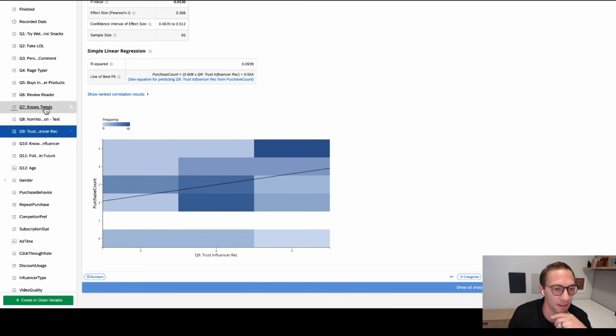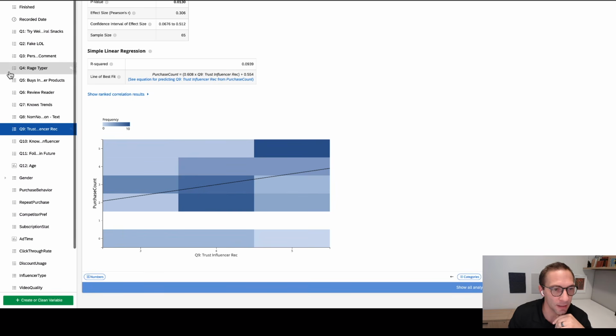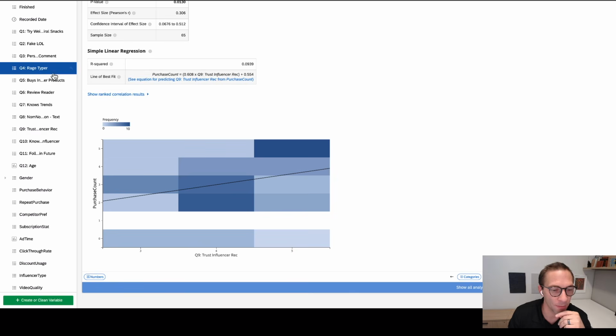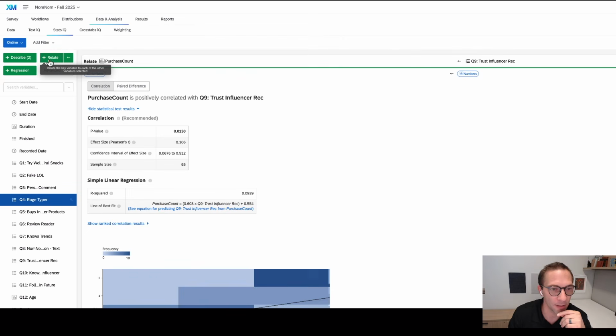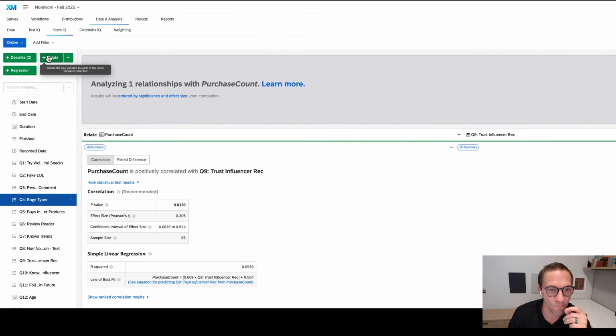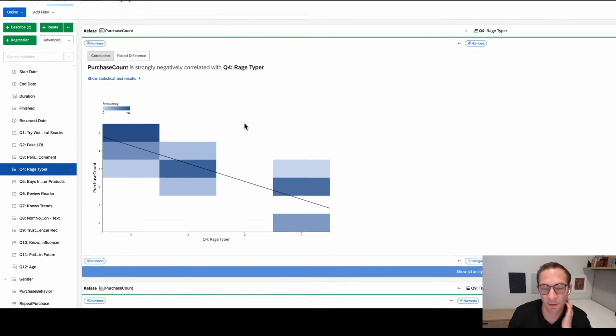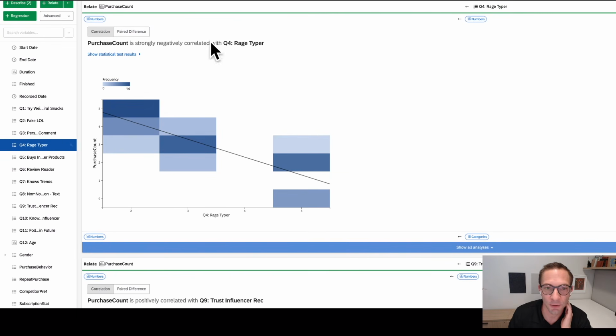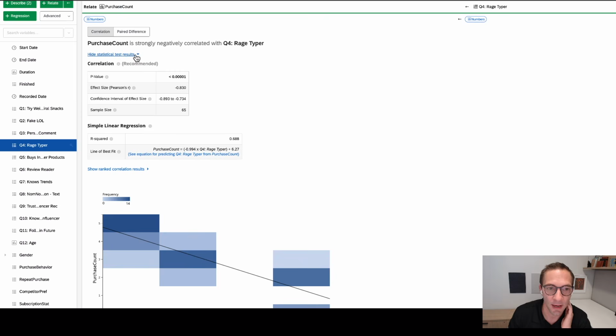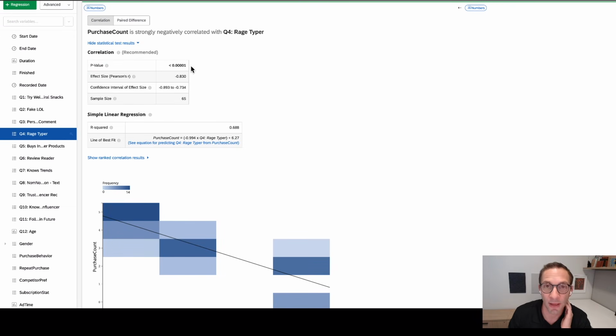Let's do another example just for kicks. Let's try Rage Typer. I'm going to have Rage Typer as my input, then I'm going to click relate. Okay, so we have our sentences as a strong negative correlation. I'll click here. Okay, p-value is very, very low.